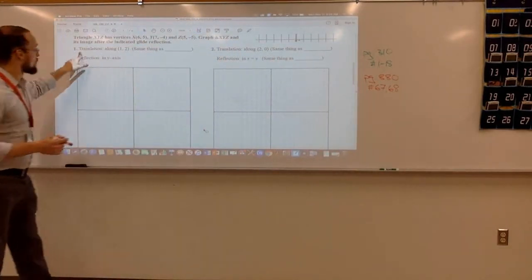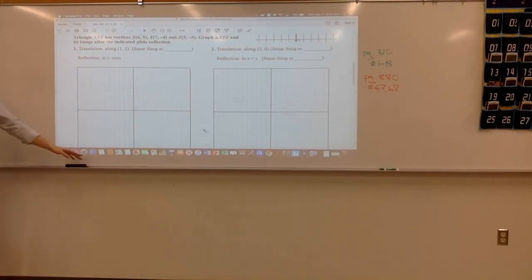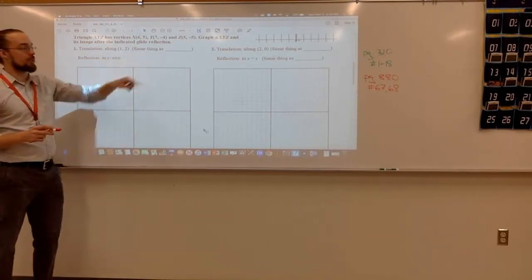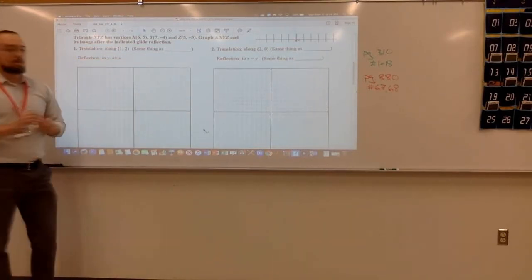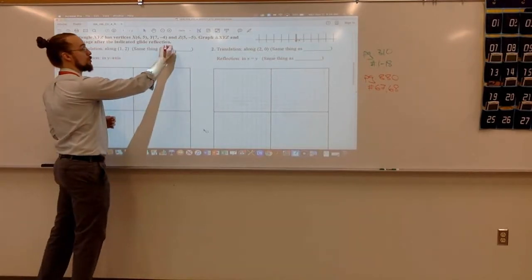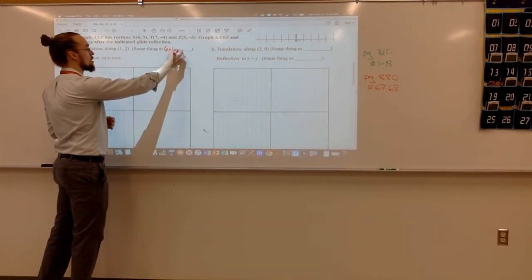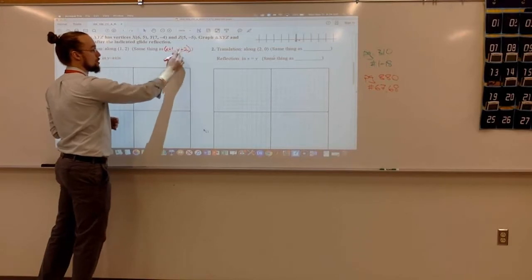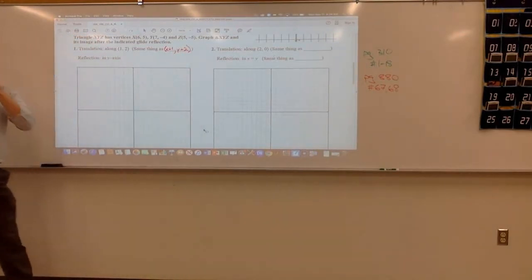For number 1, we want to translate along the vector 1, 2, and then reflect in the x-axis. So what does translate along 1, 2 mean? Right 1, up 2, or add 1 to the x and add 2 to the y.